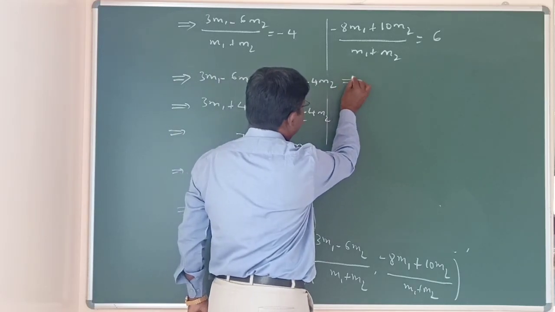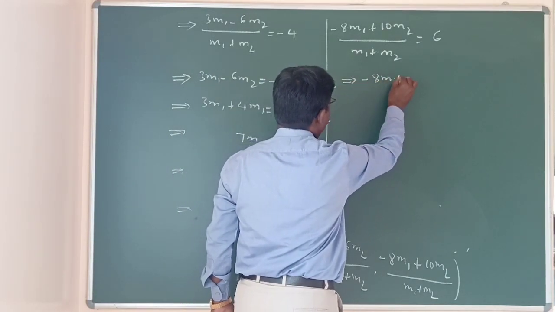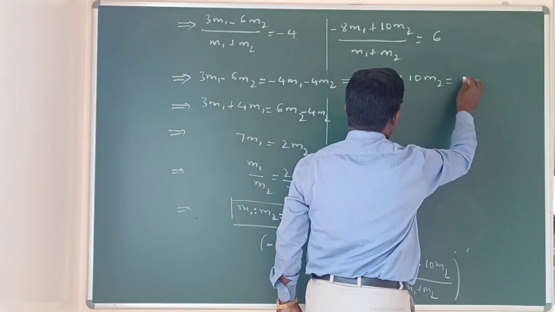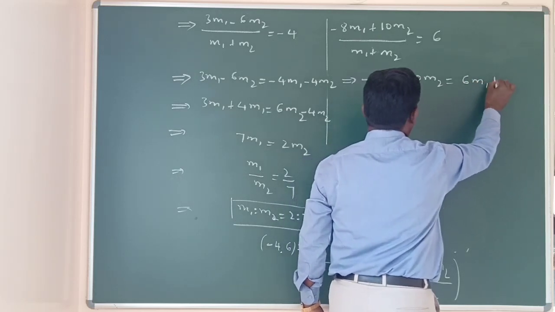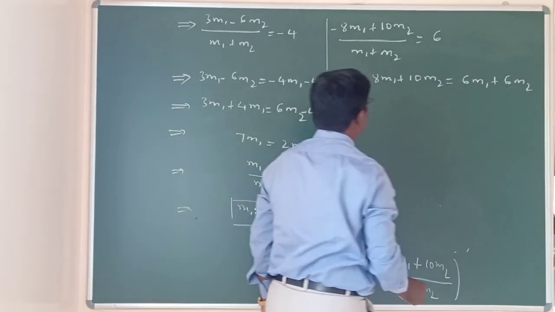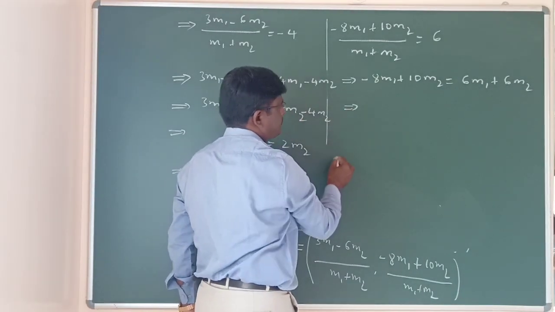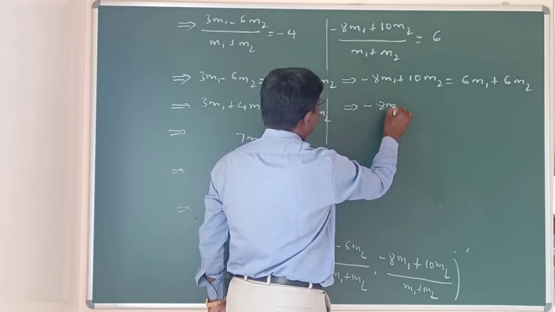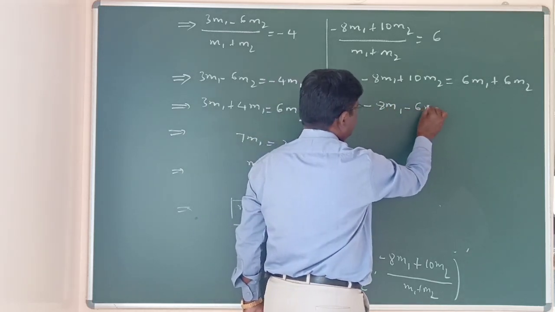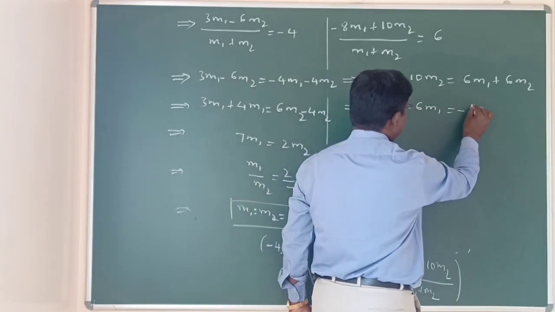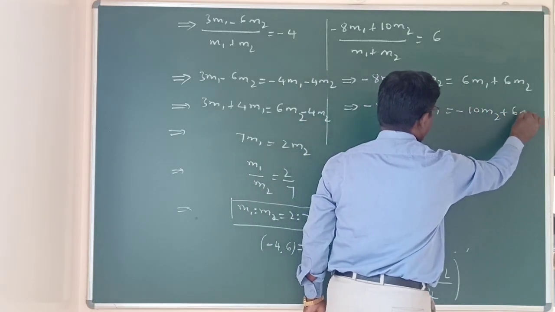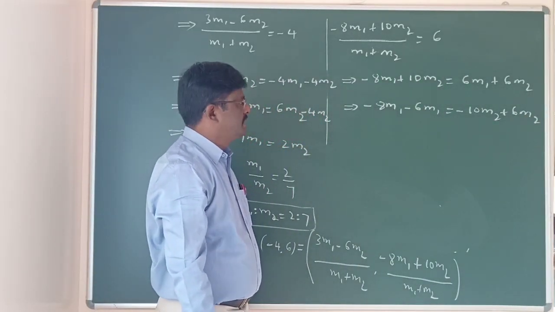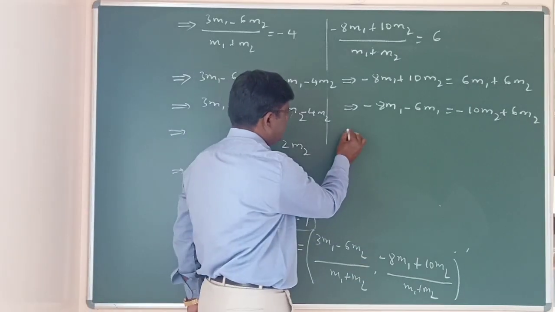Now this implies -8m1 + 10m2 equal to plus 6m1 + 6m2. This implies what? 10m2 or -8m1 - 6m1 equal to -10m2 + 6m2. What is that? We have grouped the like terms, written on the same side.